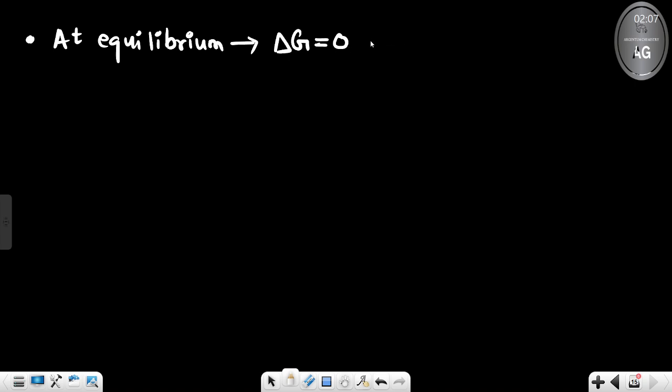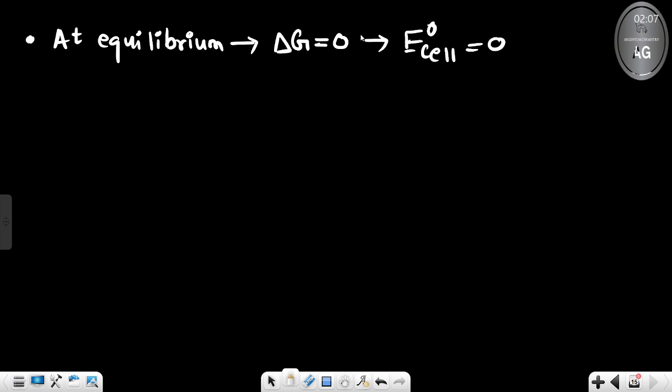So delta G equal to 0, then E cell will also become 0. Please do not write that E0 cell will become 0. 0 minus something is negative. So please use your common sense and do not write E0 cell is 0. The standard potential cannot be 0; in that case E cell will become negative, which is not possible.